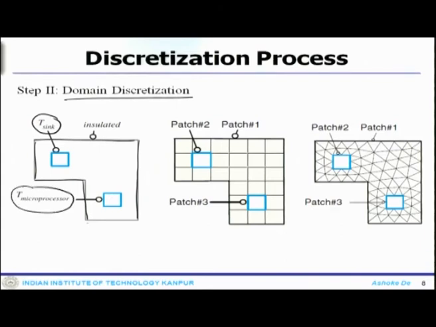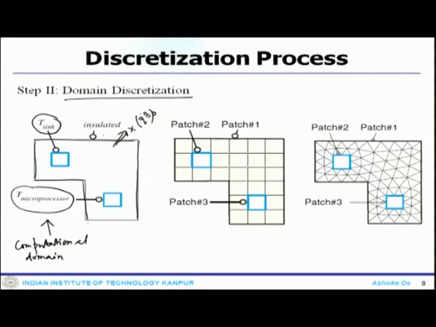So there is a boundary condition for the microprocessor, then the outside is insulated, that means no heat is going out. So this is stopped, there is no heat flux, so that is 0. So this is the domain that I have to discretize. Essentially you can think of this picture as representing your computational domain. Okay.